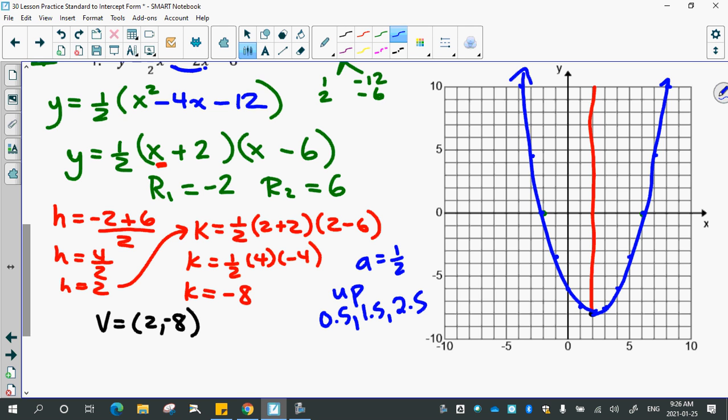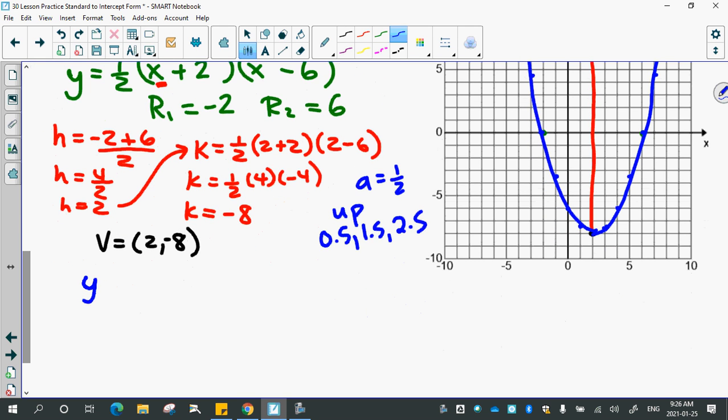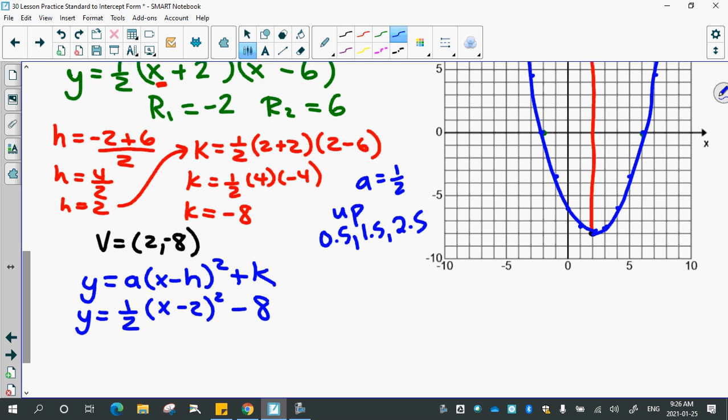And then vertex form. Our a was 1/2. Our h was 2. And our k was -8.